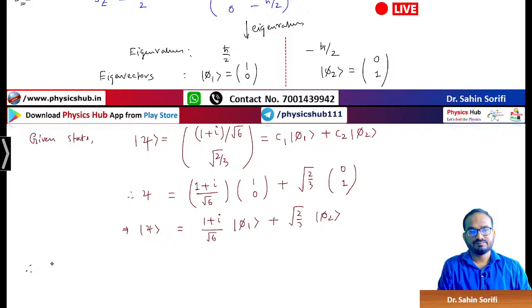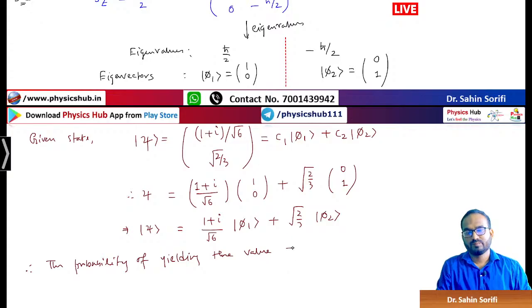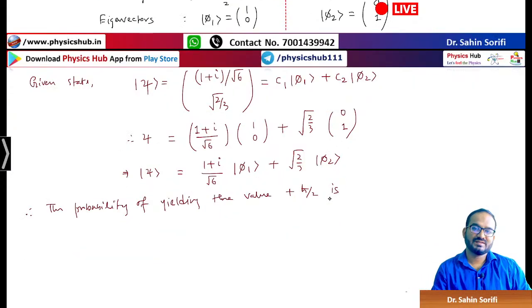Therefore the probability of yielding the value plus h cut by 2 is, when it is talking about plus h cut by 2, you take the square of the coefficient of phi 1.